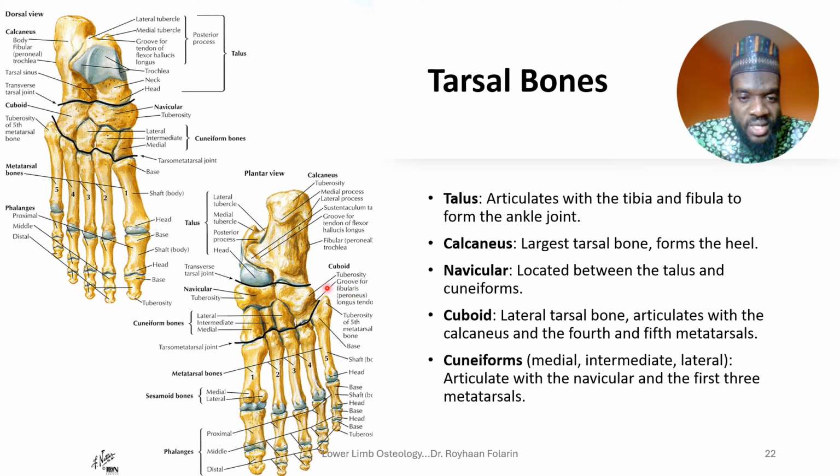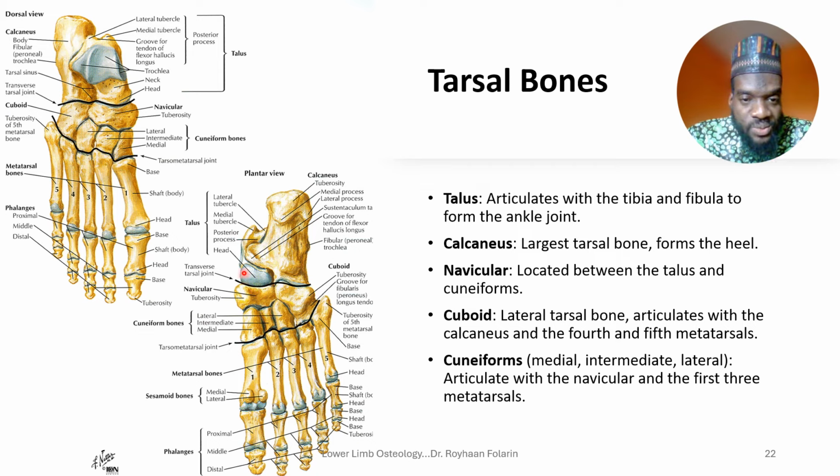So here is the groove for that tendon, and then this area is known as the sustentaculum tali. That's the part where the talus sits on the calcaneus bone, right?